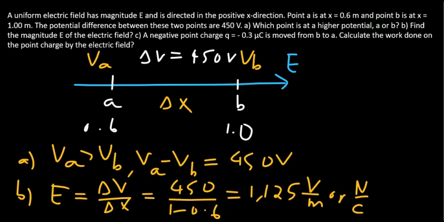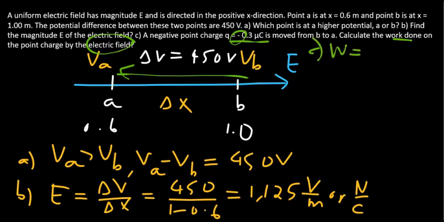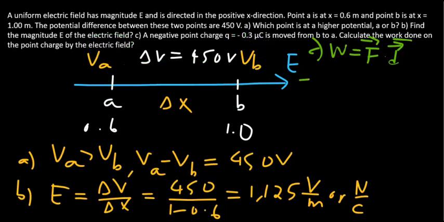Part C. A negative charge, 0.3 microcoulomb, it's minus 0.3 microcoulomb, is moved from B to A, like that. Calculate the work done on the point charge by the electric field. Now we know that the work done equals the dot product of force and displacement. The force is to the left, the displacement is also to the left from B to A. So it would have a positive sign for the work.